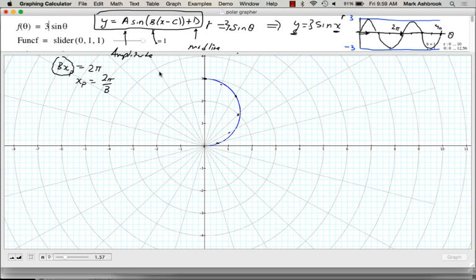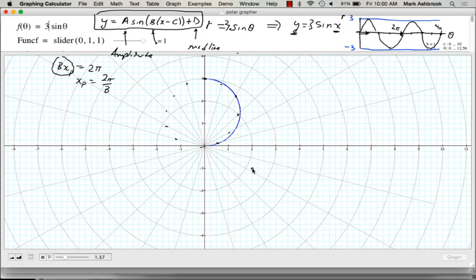As theta now goes from pi over 2 to pi, what does r do? R goes from 3 back to 0, and you see we've got symmetry here. The same way that it went from 0 up to 3, it's going to go back down to 0. So imagine our angle changing this way, and each time the angle increases, r decreases, meaning we're moving closer to the pole.